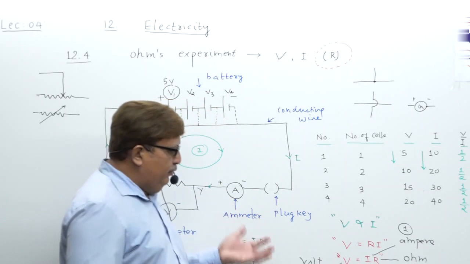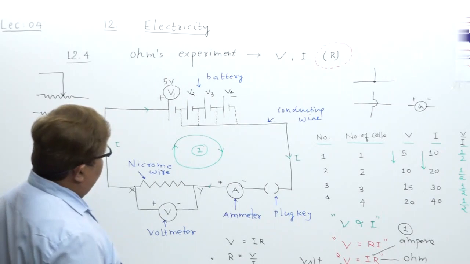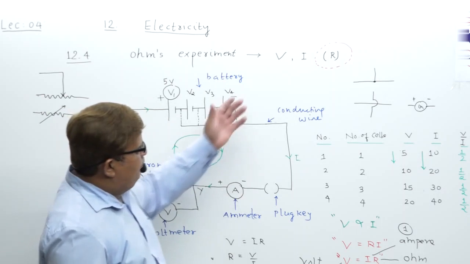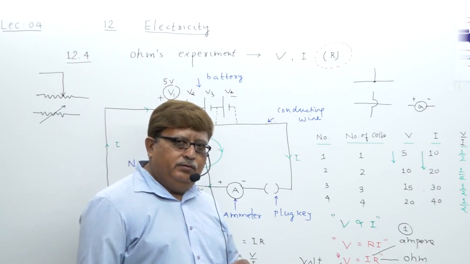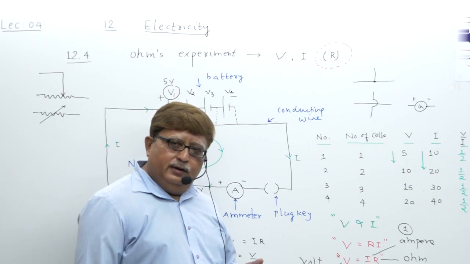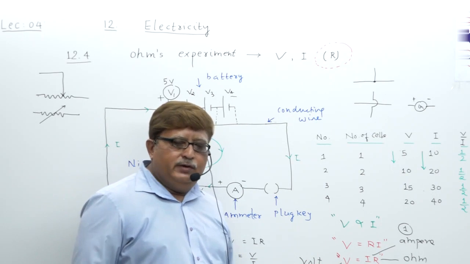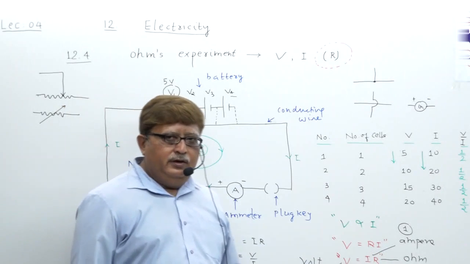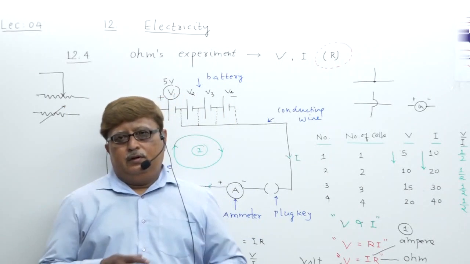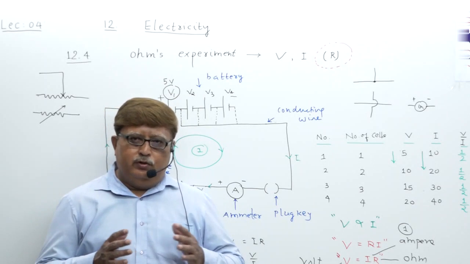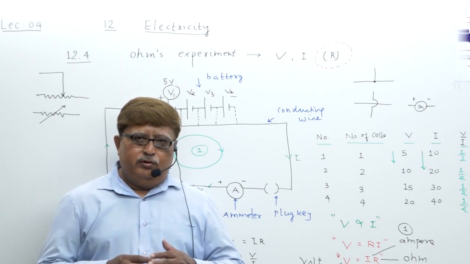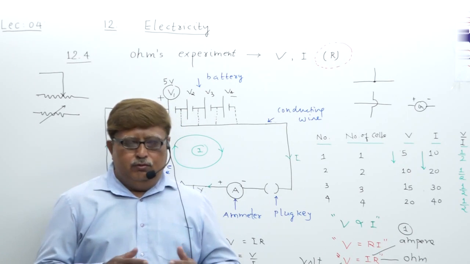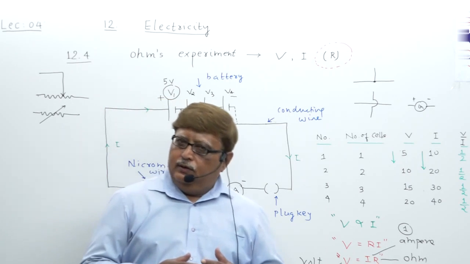So in today's lecture number 4, we discussed about Ohm's experiment to establish relation between V and I. Understand? And what is Ohm's law? To sum up at the end, current flowing in the conductor is directly proportional to potential difference across two ends of the conductor.